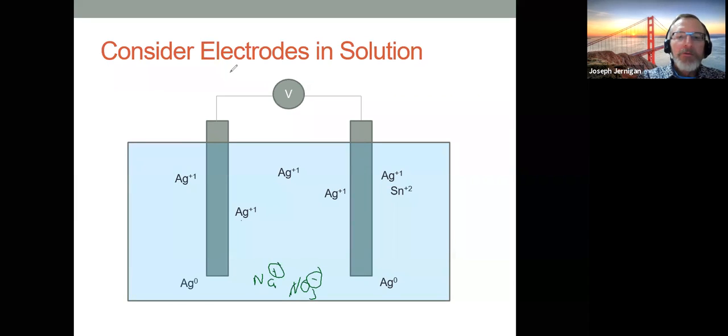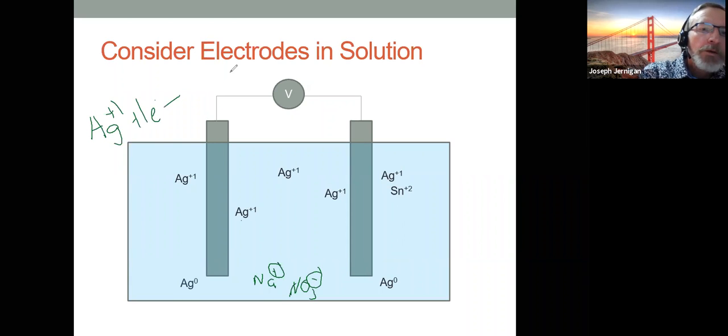And now, I'm going to answer this question, there is some electrochemistry that can occur. You guys remember that reaction I showed you a couple of slides ago? Silver plus 1 electron going to silver 0. Well, in fact, that can happen, okay?